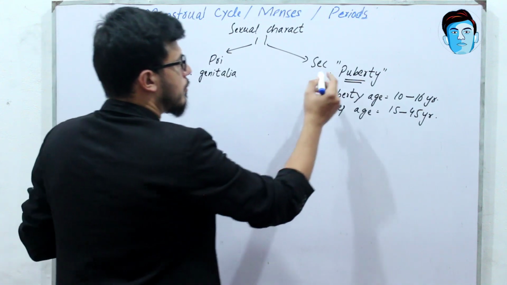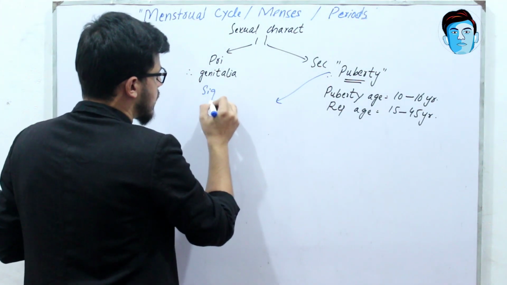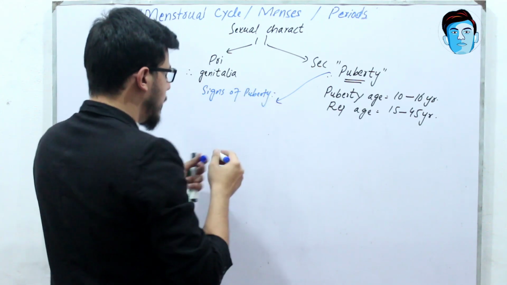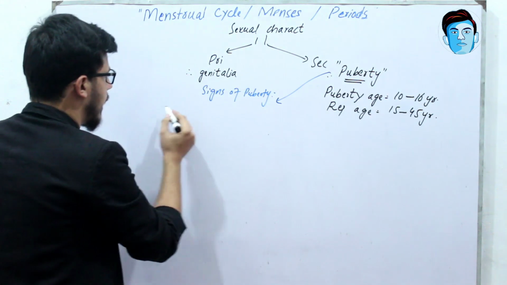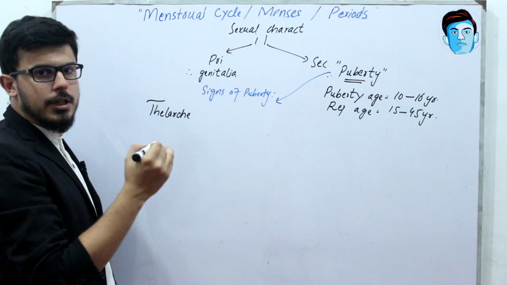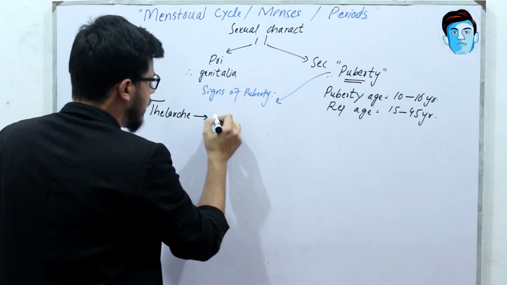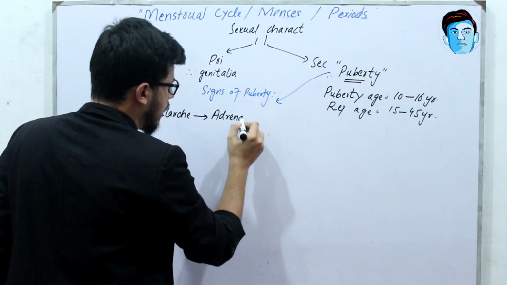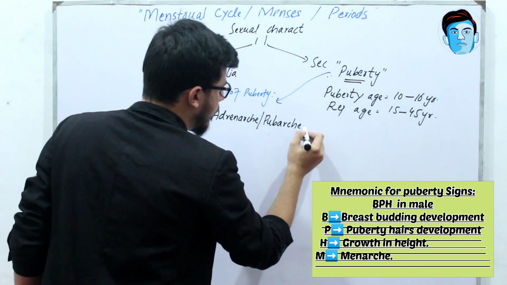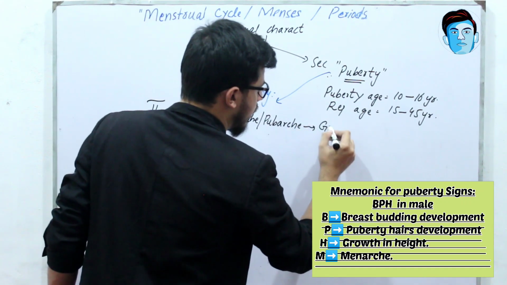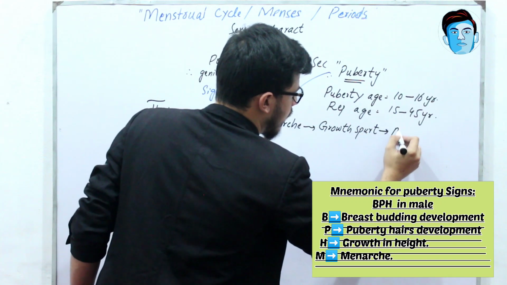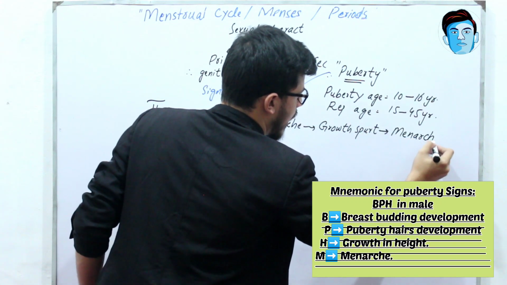Now, what are the signs of puberty? The first sign of puberty is called telarche. After telarche there is adrenarche and pubarche, then the growth spurt, and at the last there is menarche.